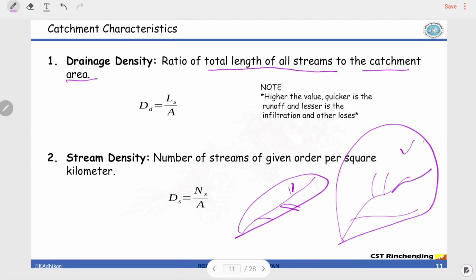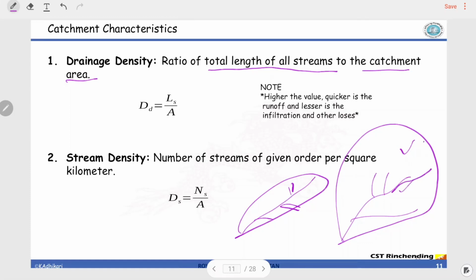If the area is somewhat similar, then of course the drainage density is going to be higher. But that depends, which is why we have this drainage density to distinguish the characteristics. Basically, if the travel distance or the length of a stream is more, the drainage density is going to be higher.